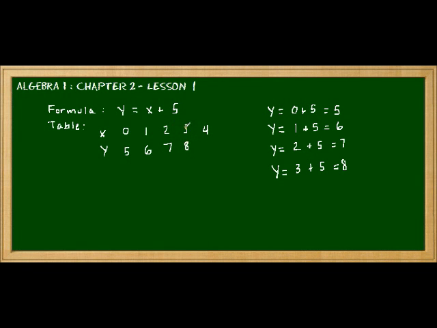And with the x value being equal to 4, we put 4 in the place of x plus 5, and that would be equal to 9. So we've completed this particular exercise A, and we have shown the values of 6, 7, 8, and 9 to be the answers to this particular one.